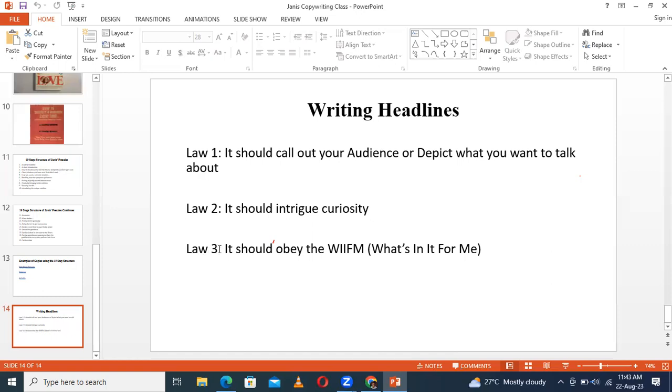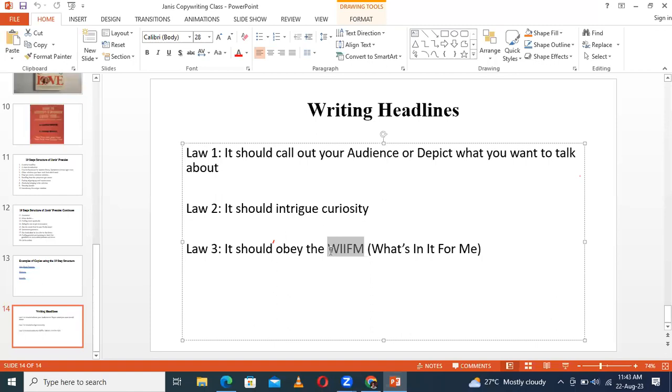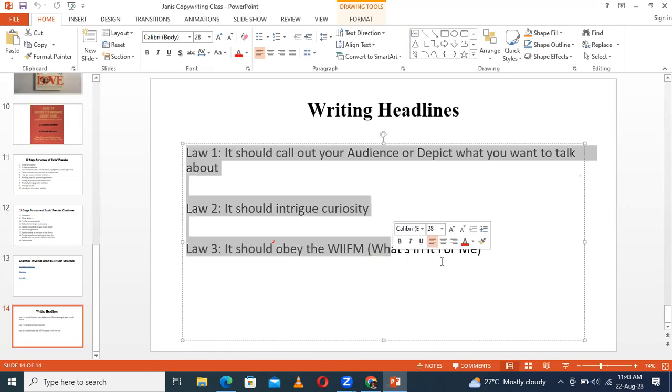Then law 3 is your headline should obey the law of WIIFM. Everybody online is always after what's in it for me. What's in it for me? So you have to obey the law of WIIFM, like what is in it for them.